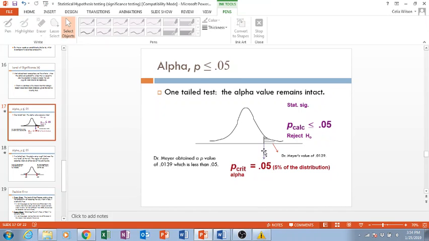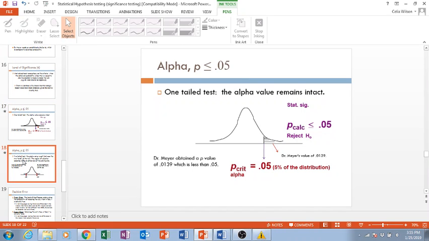So if this is our critical value or our cutoff or our criteria, we're going to look for anything further out in the tail than 0.05 or any probability less than 0.05. If we find that our probability is further out in the tail than our cutoff point, we're going to say we have statistical significance.